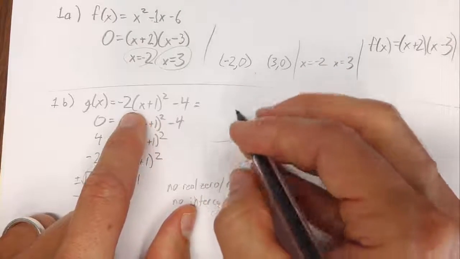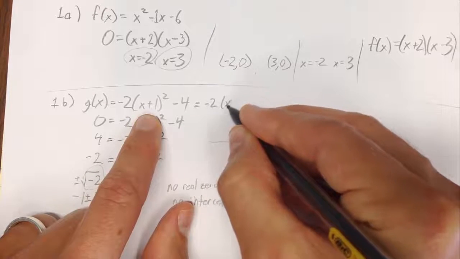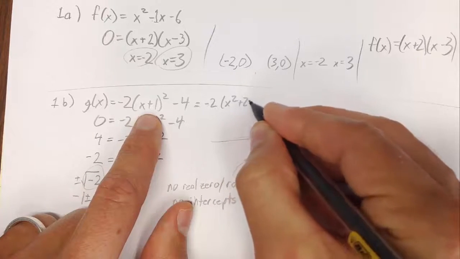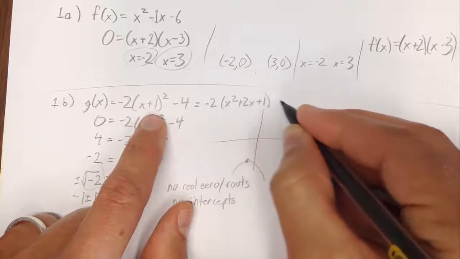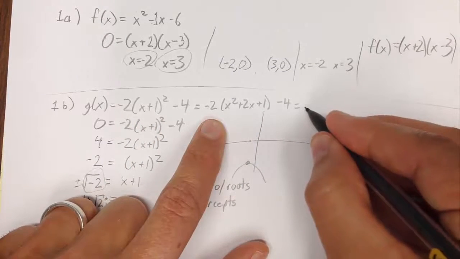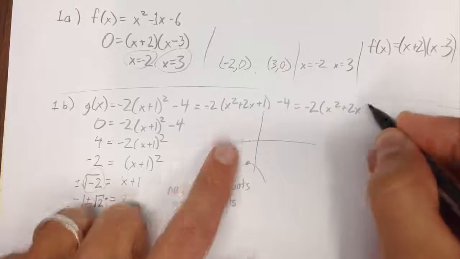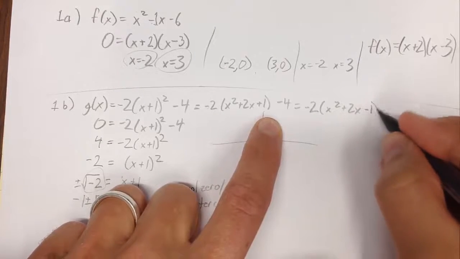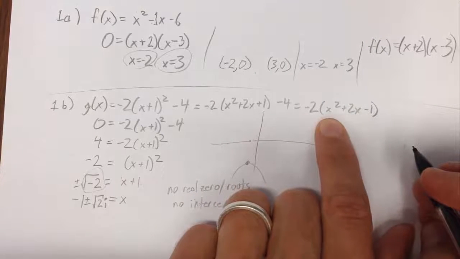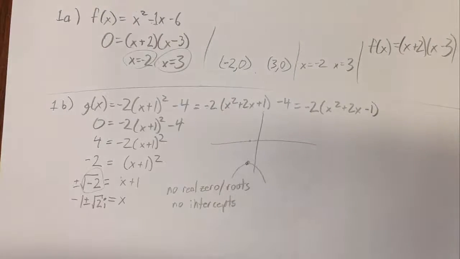So, for instance, notice I'd have -2 times x squared plus 2x plus 1 minus 4, and then my complete factorization here would just be -2 times x squared plus 2x minus 1. That does not factor.